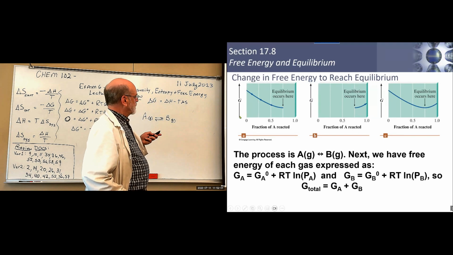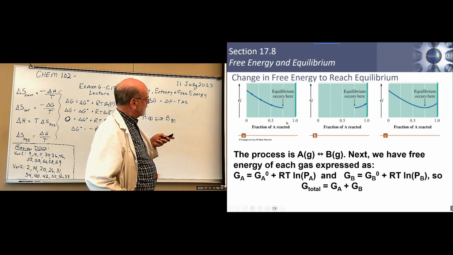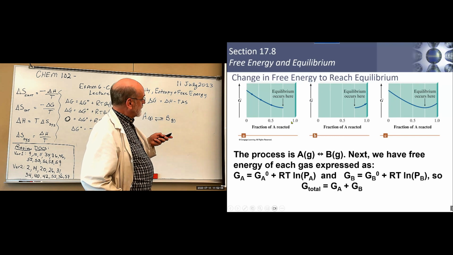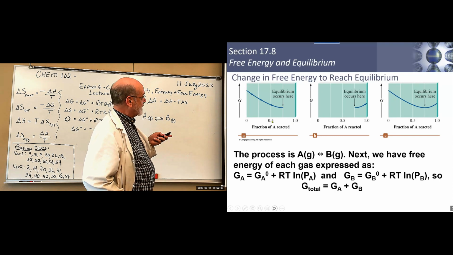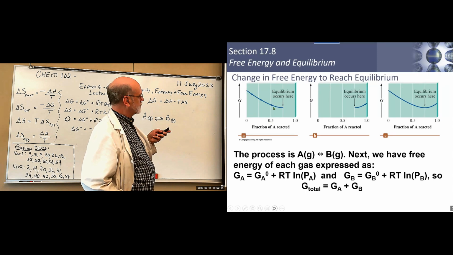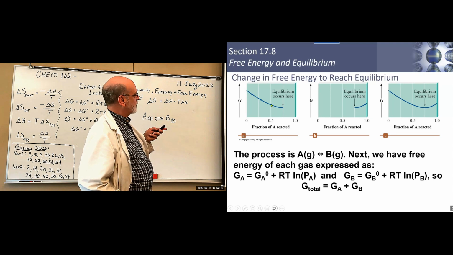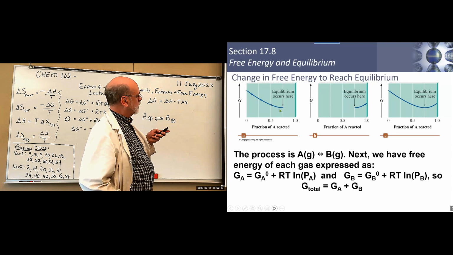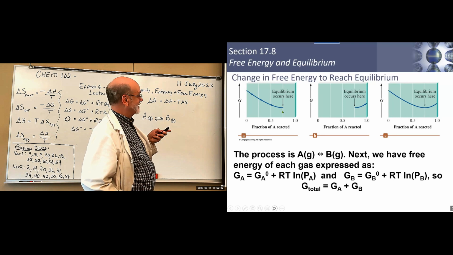And the fraction of A is on this one. So that means if the fraction of A is 0.5, what's the fraction of B? 0.5. Right. So if we're right here, fraction of A, we're also 0.5 of B. If we're here at 0.75, then we're 0.25 B. Okay.